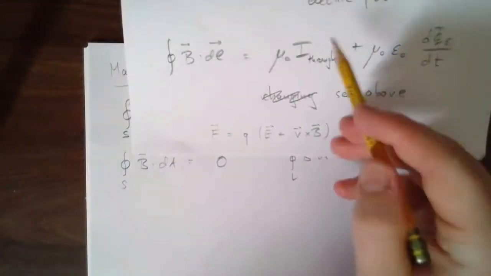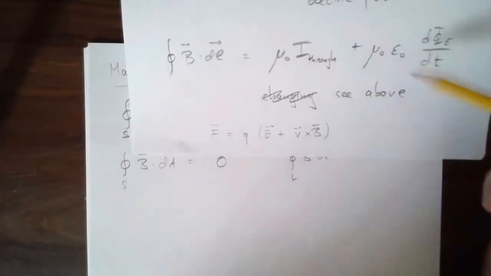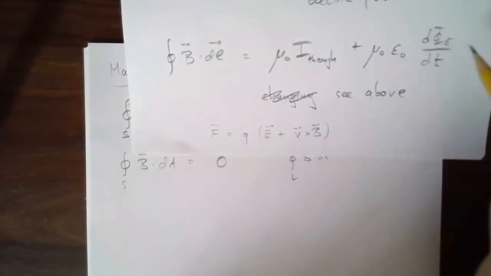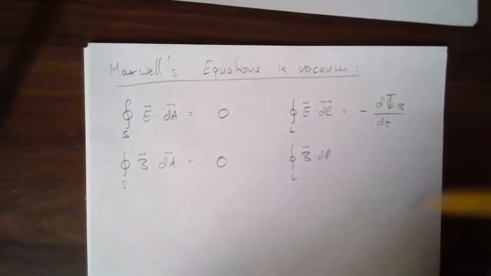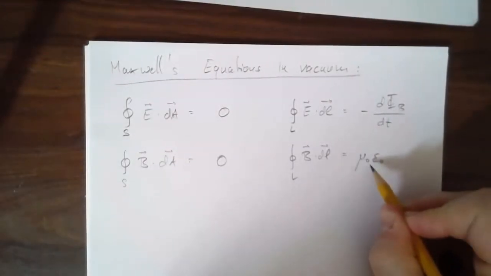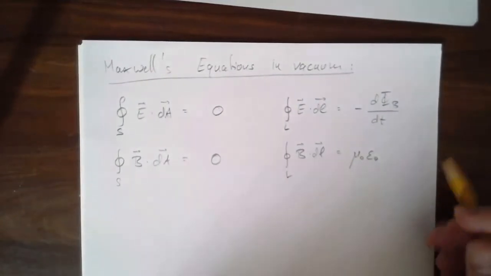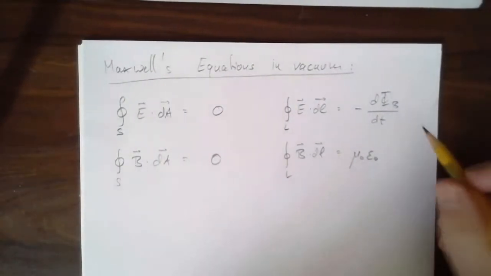Ampere's law says you've got this one, but this one is 0 now because we're out in space where there are no currents. So we're just left with this, the rate of change of electric flux, and those constants included here rather than here, essentially due to a historical accident, the way they're defined.